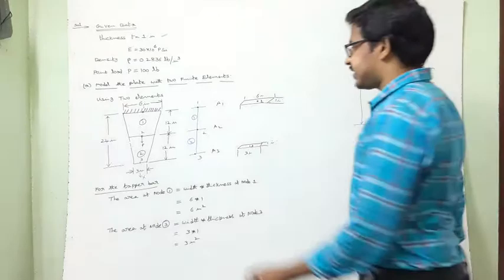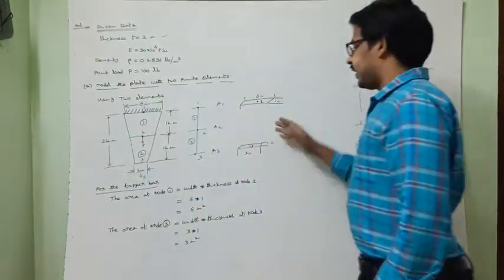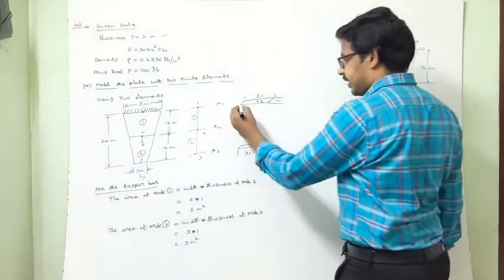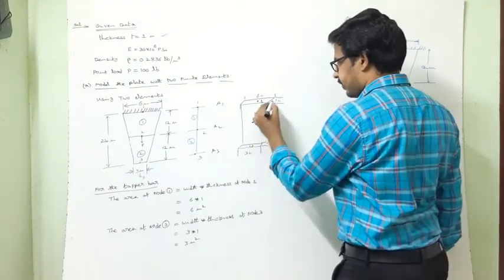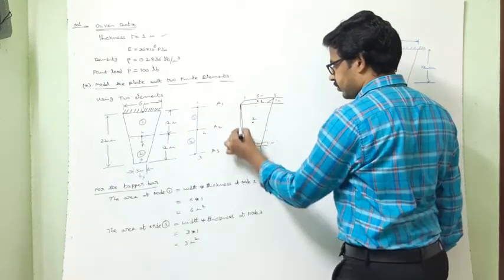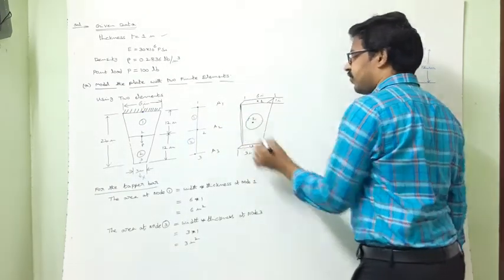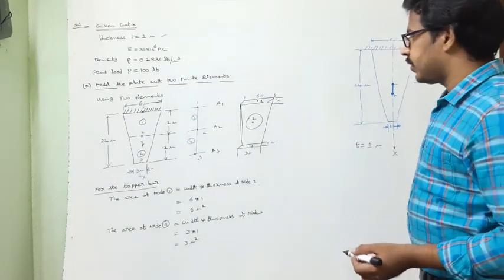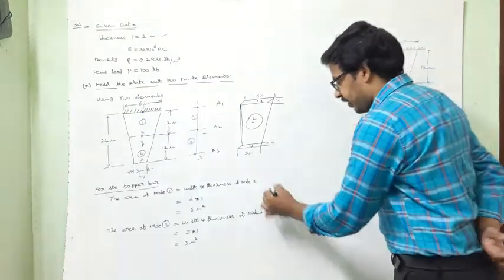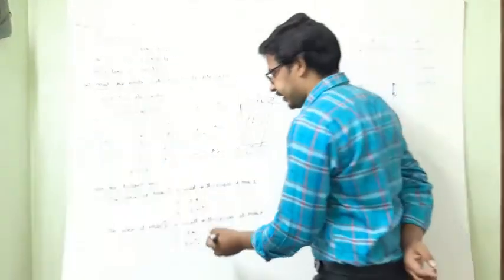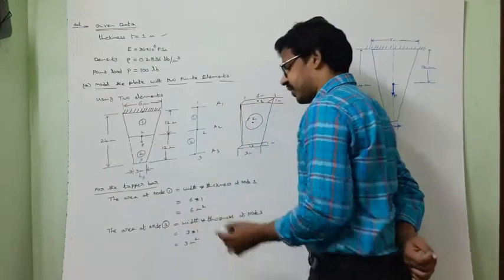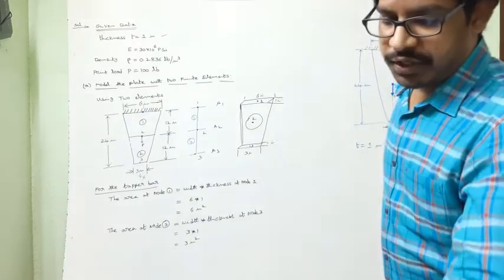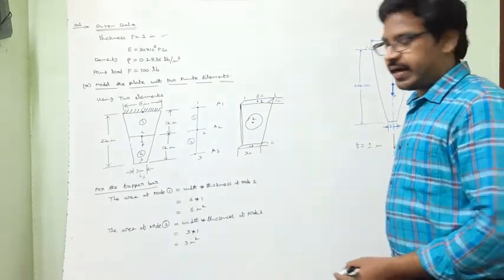So here in this taper section we need to calculate the second node cross sectional area, A2. The area at node 1 is 6 inches square and the area at node 3 is 3 inches square. Now we need to calculate the area at node 2.